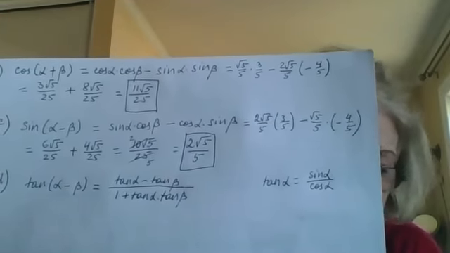Plug in your numbers. So sine alpha, where are you? Right here. It is 2 square root of 5 over 5. Cosine alpha is square root of 5 over 5.